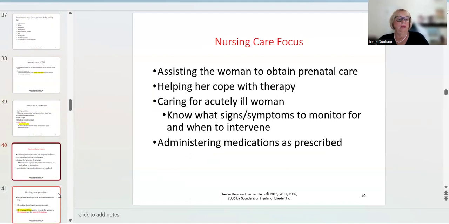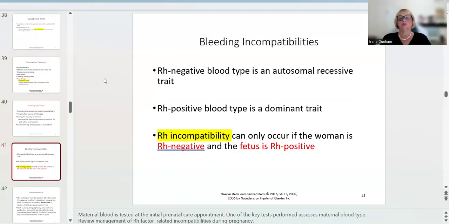Okay. Let's see. Let's go into bleeding incompatibilities. Also on exam number 1, you'll have a question. And what happens is that, remember in the beginning, we went over the lab work, we wanted to know her blood type. I'm looking for that RH component, okay?